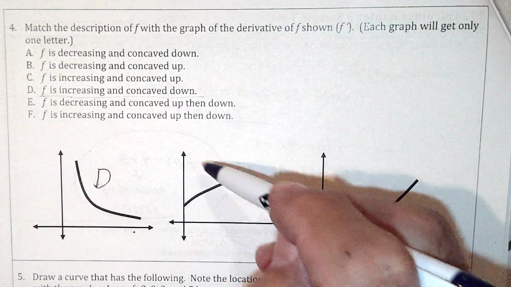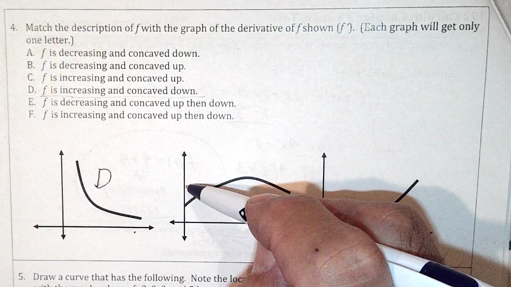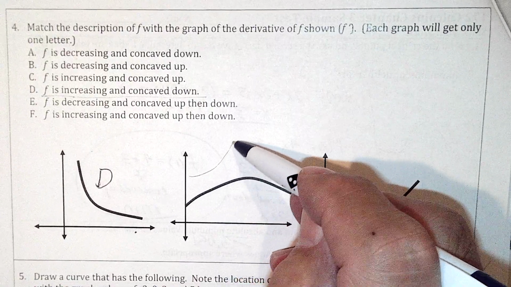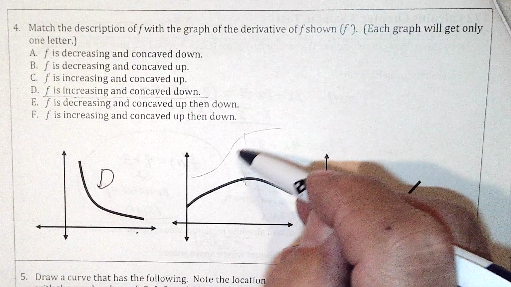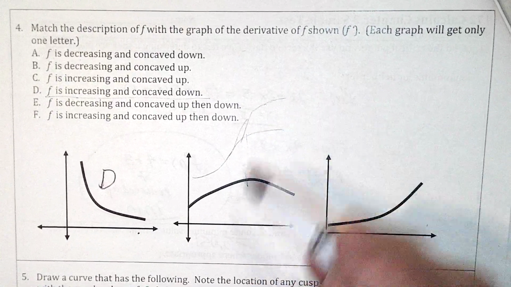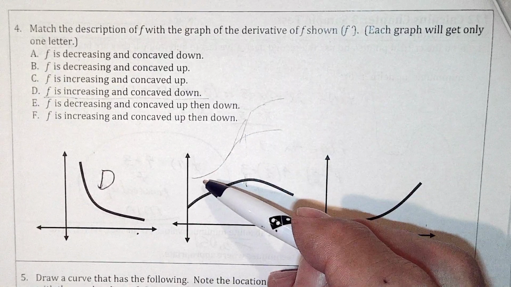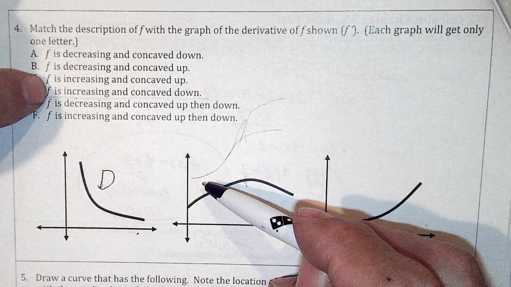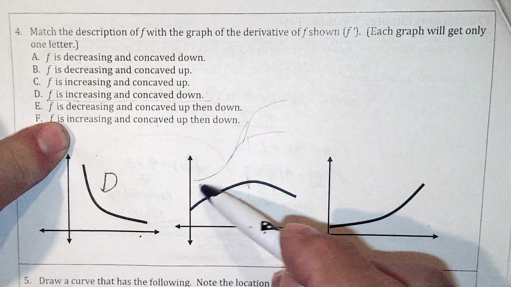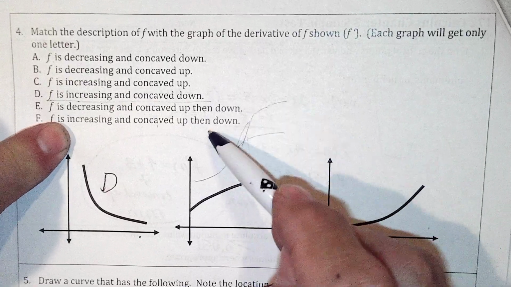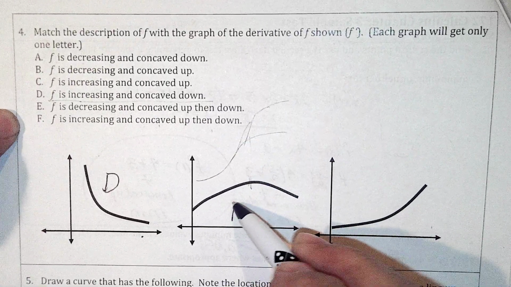So f must go not very steep, getting steeper, and then getting less steep. Steepest here, and then get less steep. So it's increasing, concaved up, and then down. So this is F.